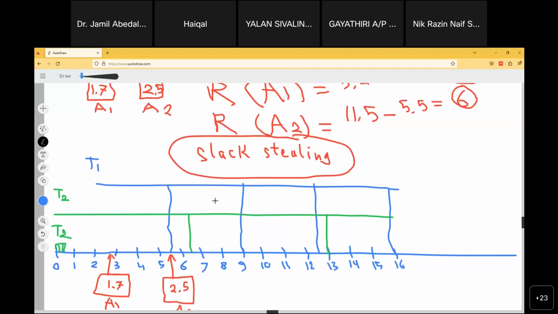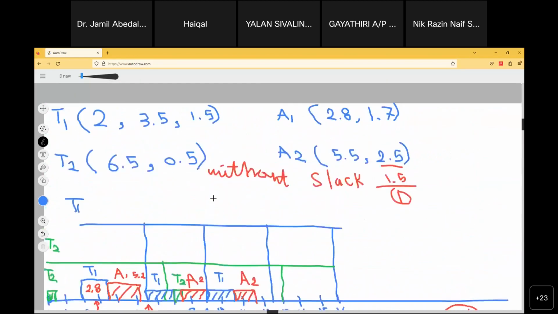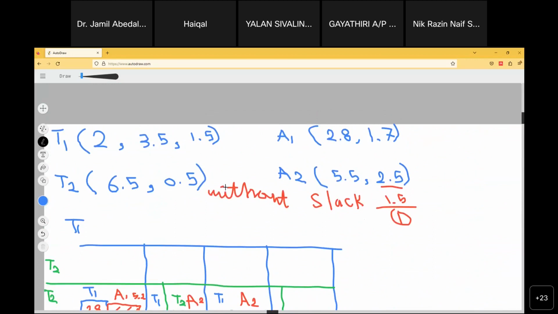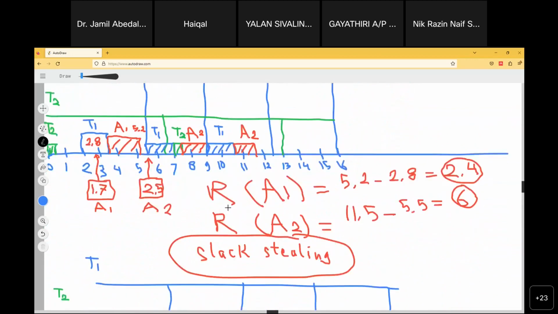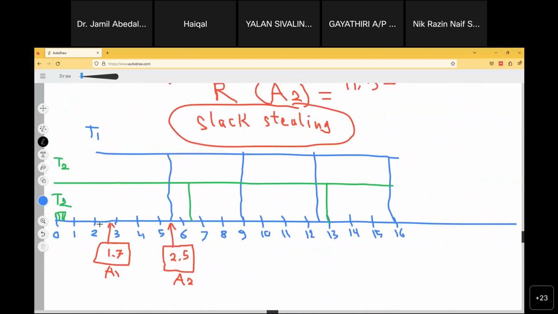Then we can execute task 1 following the same color. Task 1, how many units we need to execute of task 1? 1.5, correct? Can we execute the 1.5? This will be first one, and this is the half. Is that correct what I'm doing?